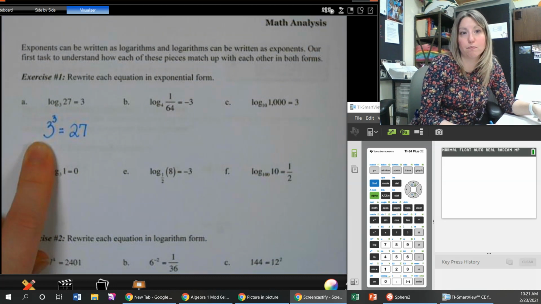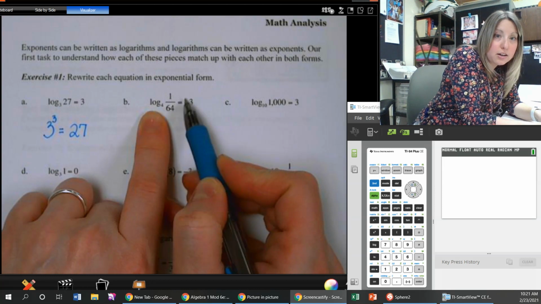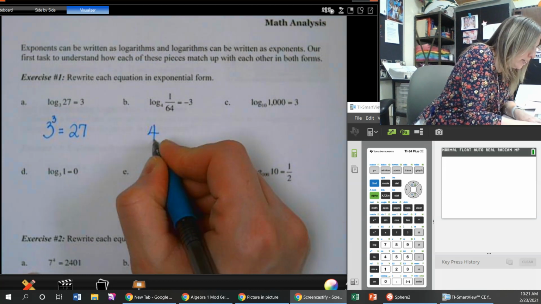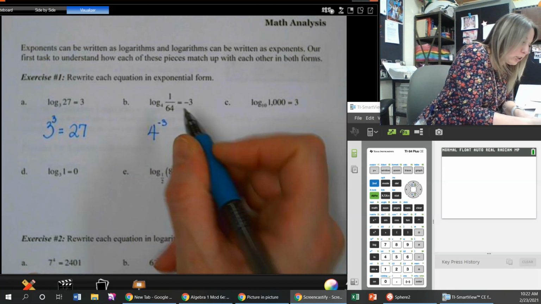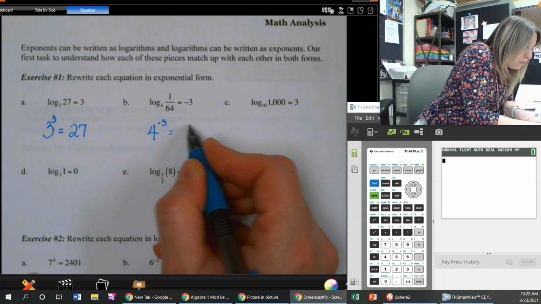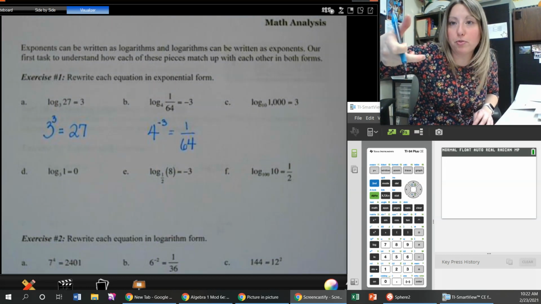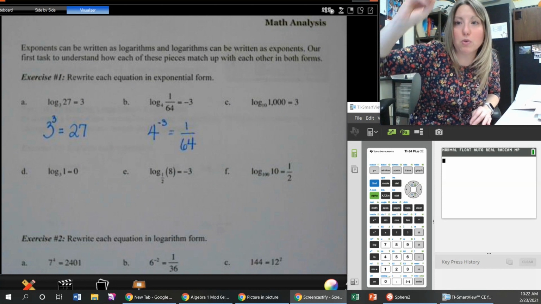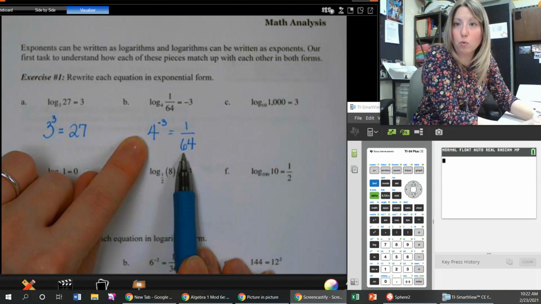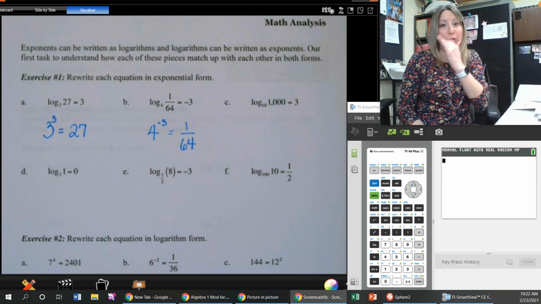Okay. 4 to the negative third power is 1 over 64. So see how I said you can have the exponent be negative like this? And then this answer right here is, of course, the flipped fraction. And then we're raising to the third power. So this makes sense with what we were looking at before. Now we've just seen it in logarithmic form.